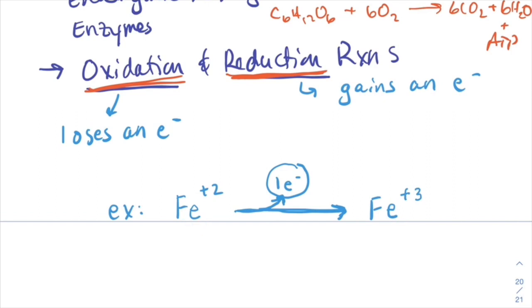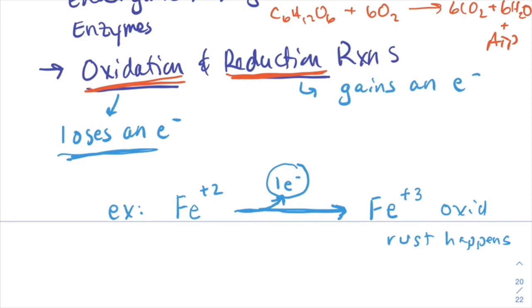Let you think about that for a second. It is an oxidation because it has lost an electron, and if something loses an electron, it's an oxidation. This process of oxidation here, this iron ion becoming oxidized, this is rust. This is how rust happens.